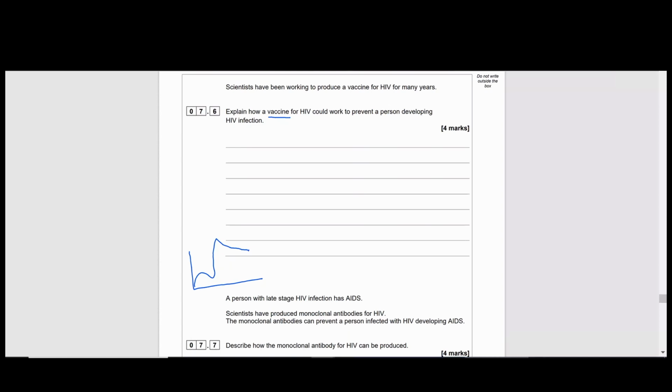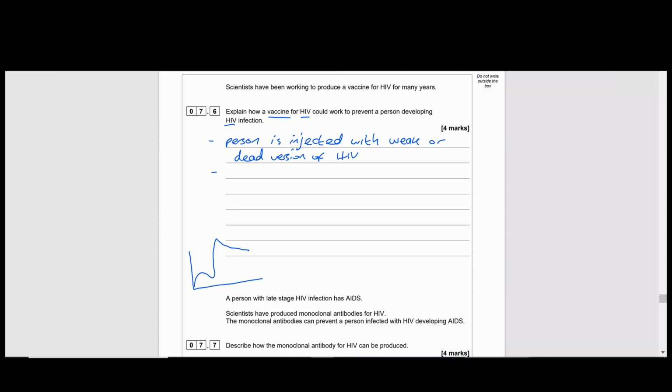So first thing that we need to think about is what would happen with a person that is going to take this vaccine. So thinking of what the virus is, a person is injected with a weak or dead version of HIV. So once that HIV virus portion is injected into the body, what will the body do in response?